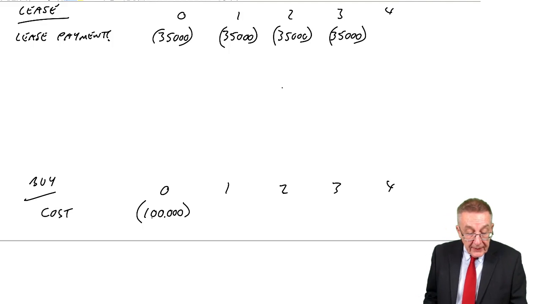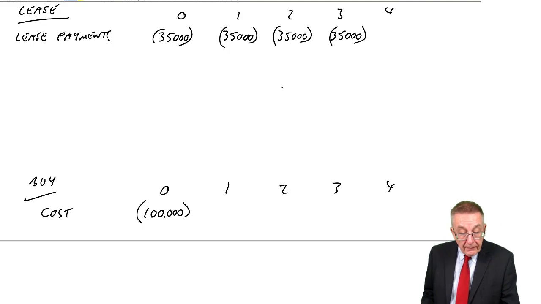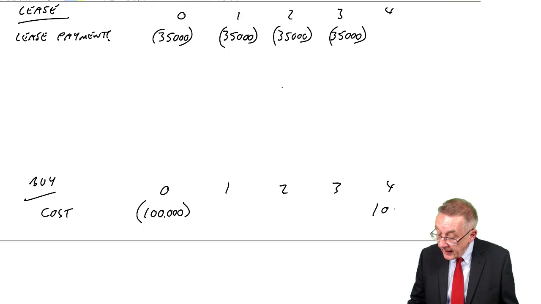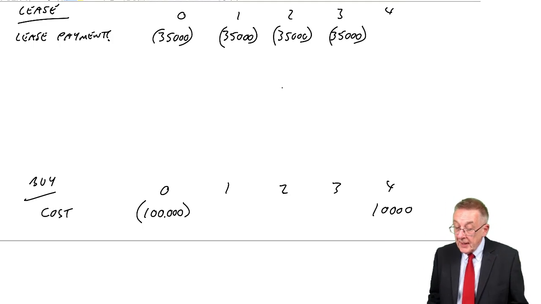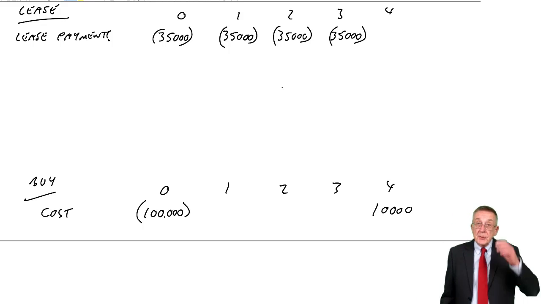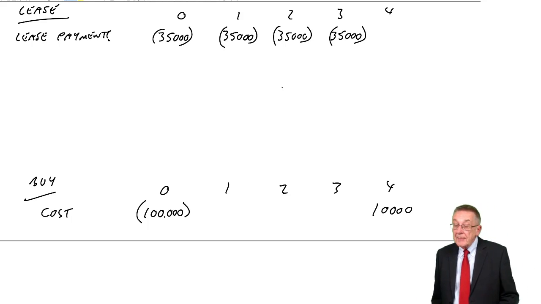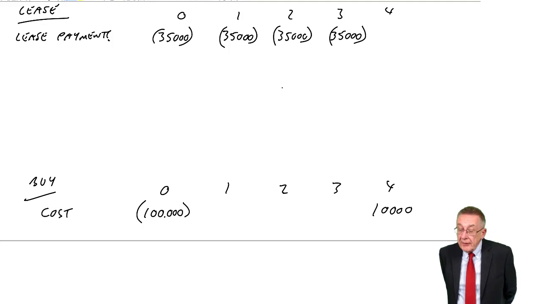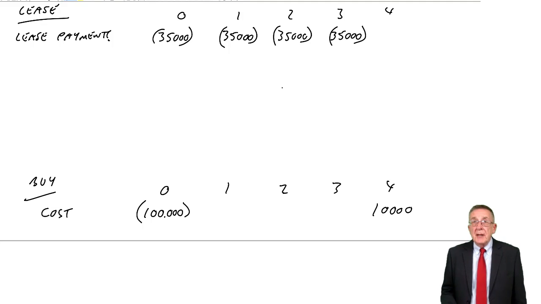And we get the scrap proceeds. Since it's ours, we'll get the scrap proceeds in 4 years' time, an inflow of 10,000. Now, again, there are tax implications, which is where we have a bit of a problem. We'll worry about that in 2 seconds. But otherwise, I think easy enough. One little point which worries people.